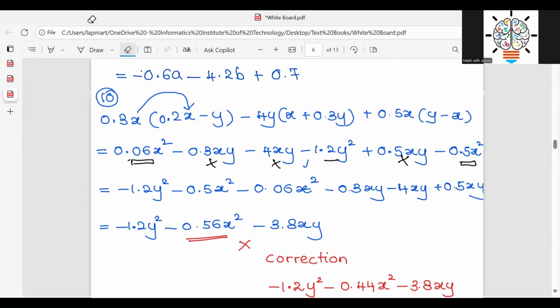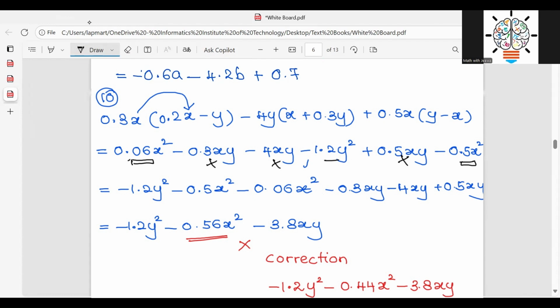So that means I want to rewrite this. And I have 0.06x squared. Right? So then take something like this. So these are like terms.